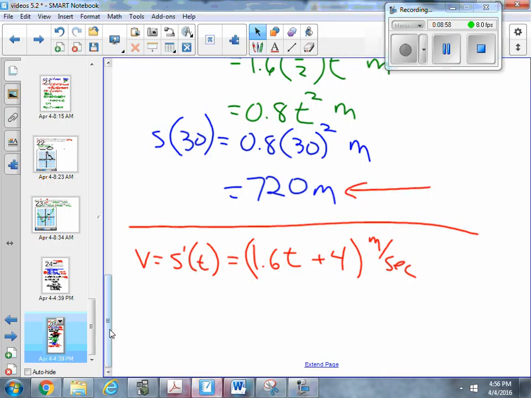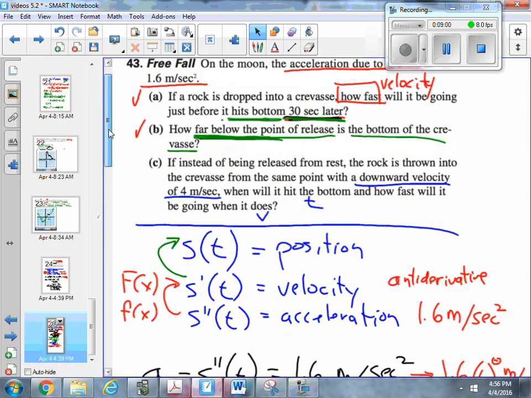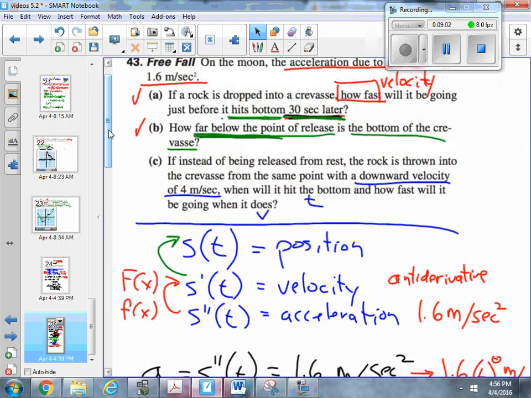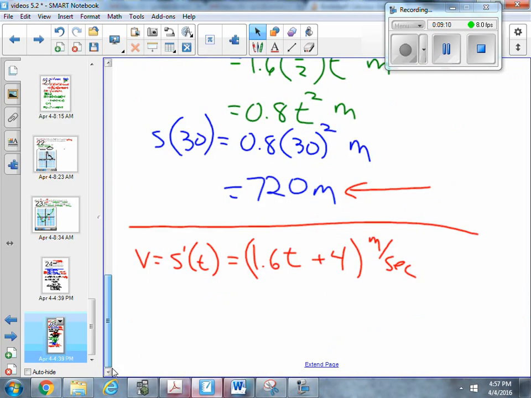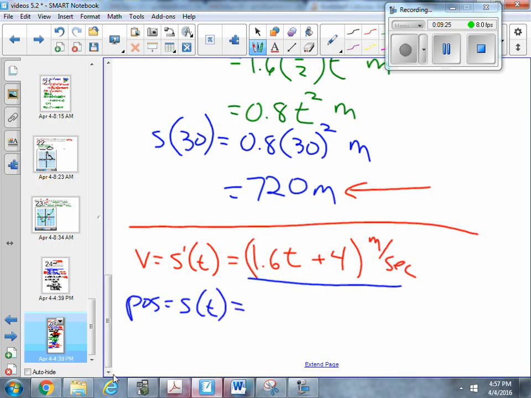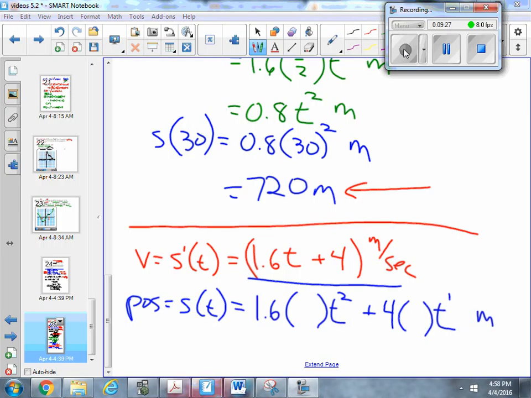And it's asking me how fast will it be going when it hits the bottom? And I know the bottom is 720 meters down. So I need to find the antiderivative of that. So position equals S of t, which is equal to this.